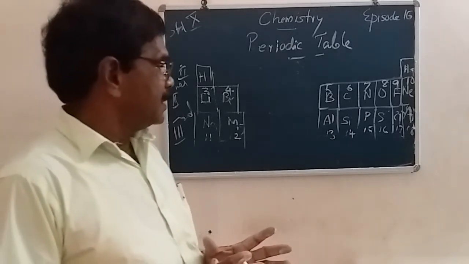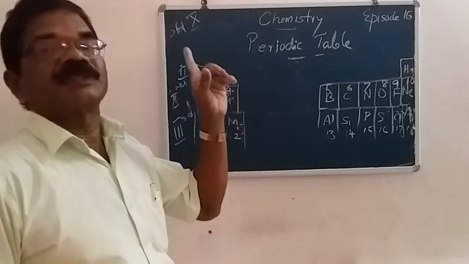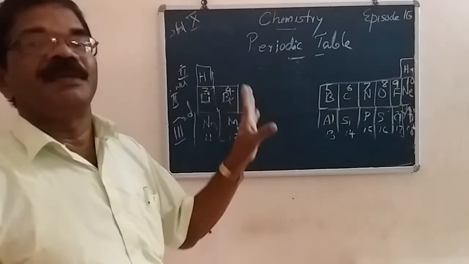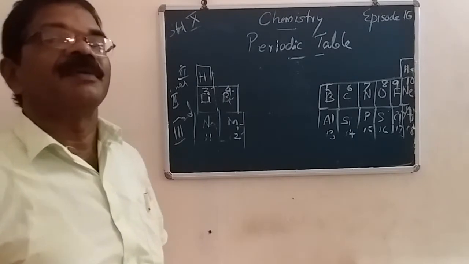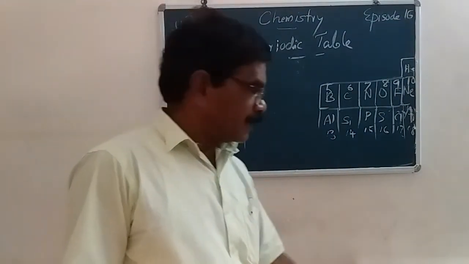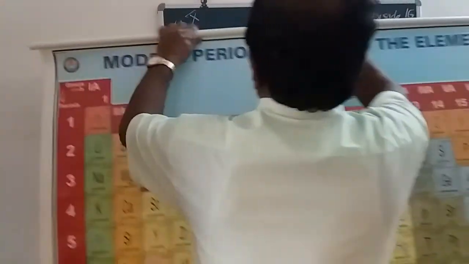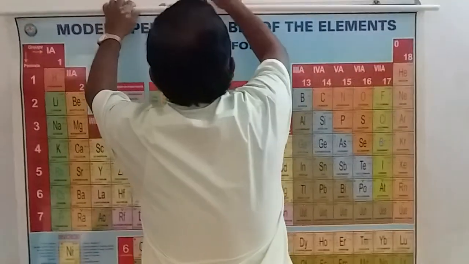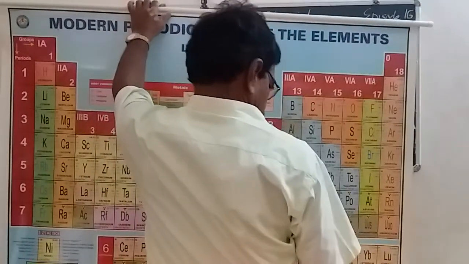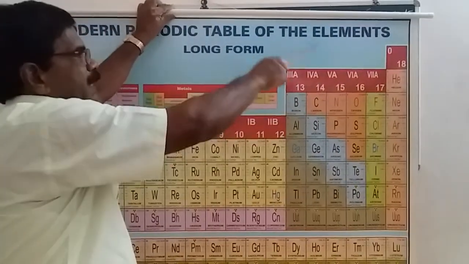Then the main thing comes to us. Which is the smallest atom and which is the biggest atom in the periodic table? We have already learned where the smallest atoms are.